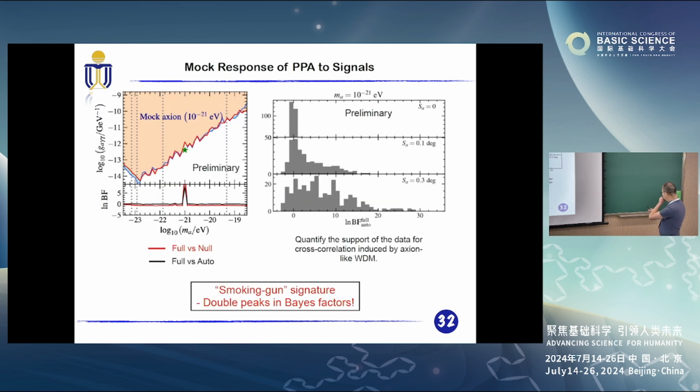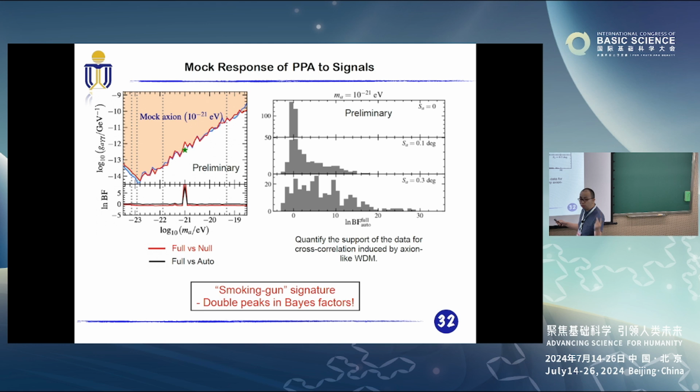Before I show you the results, let me demonstrate some mock response of the Pulsar Polarization Array to the signals. In the left panel, we inject some signals into the mocked noise data, and in such a case two peaks appear in the Bayes factor curves.